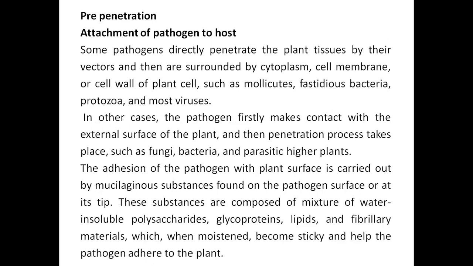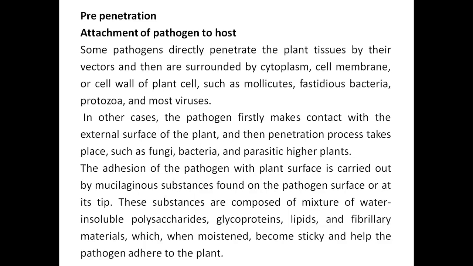Then, how does the attachment of the pathogen take place on the host? What is the process which develops in the form of pre-penetration activities?